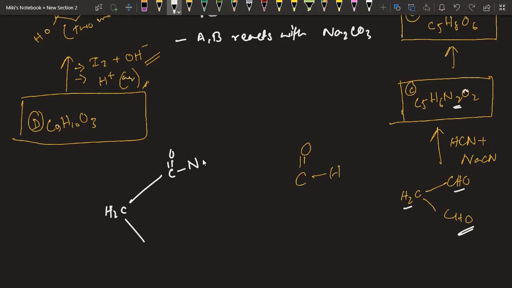If that's the case, then this should be OH, I guess. This should be the situation, and this also. Let's see, does it actually happen like this? 2 hydrogen, 4 hydrogen, 6 hydrogen. That's 6 hydrogen, 2 oxygen, 5 carbon, and 2 nitrogen. Okay, so that means this is actually our structure.